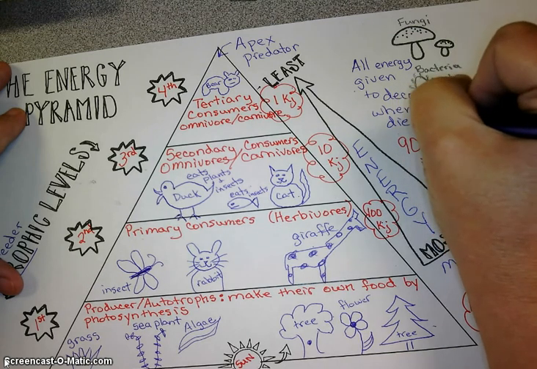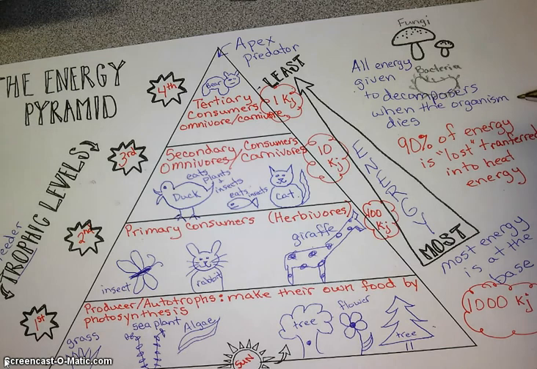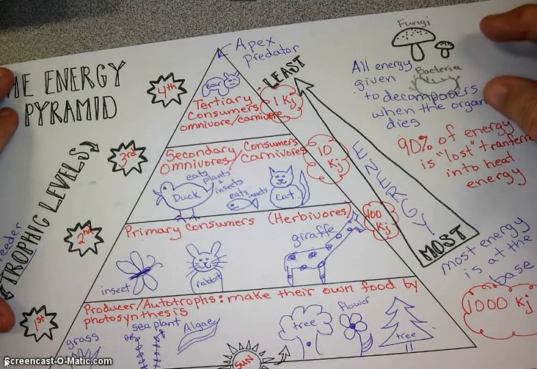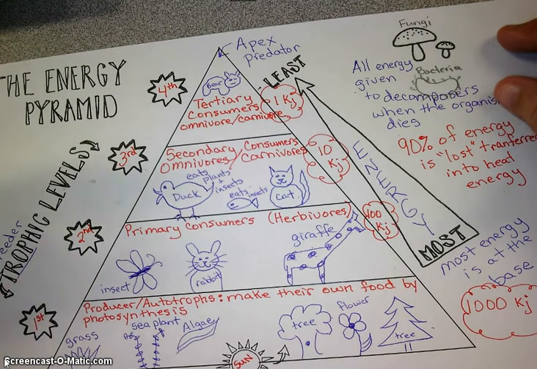Right? And we know that fungus and bacteria are decomposers. And so I could draw an arrow from each level. It's not that the fungus and bacteria are actually at a certain level, because that can happen at any time.